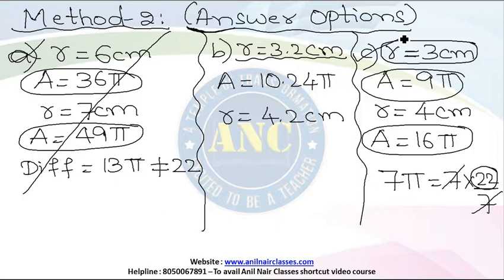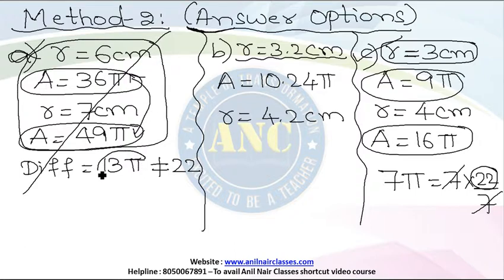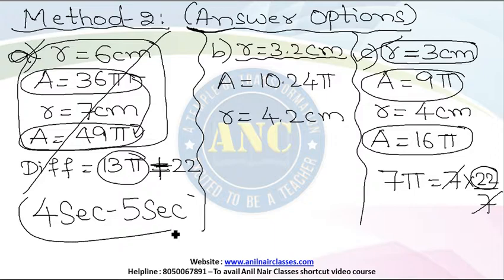Shall I tell you, sir? To tell that R is equal to 6 and R is equal to 7 here, and tell the difference between the areas as 13 pi, and tell that it is not the right value equal to 22, assume that you took 4 to 5 seconds. Let me take the worst case as 5 seconds itself, sir. Assume that for the first option you took 5 seconds.